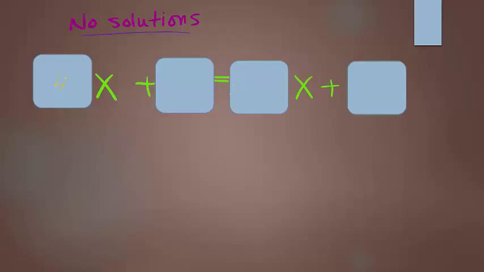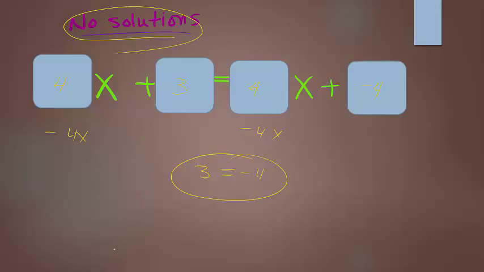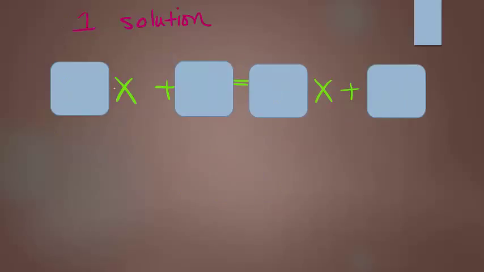Maybe we'll do 4x. And different y-intercepts. Okay, now we have 2 lines that are parallel on both sides of this. And if we just work it all the way to the end here, let's see what we get. So we get 3 equals negative 4. And that is a false statement. And that's what we wanted, was something that would give us no solutions.